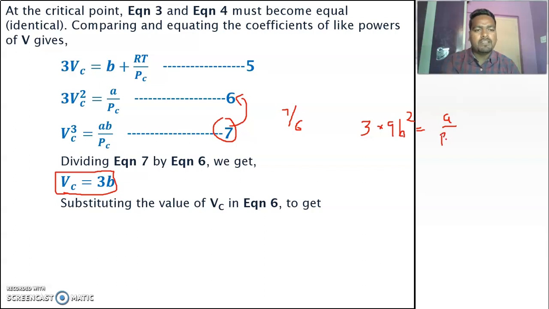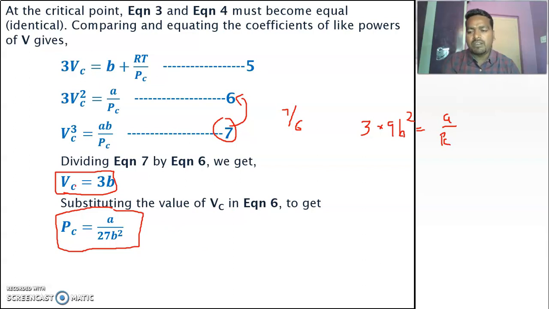Then take PC outside and simplify: 3 into 9, 3 nines are 27, so it becomes 27B square. Then PC becomes A divided by 27B square.